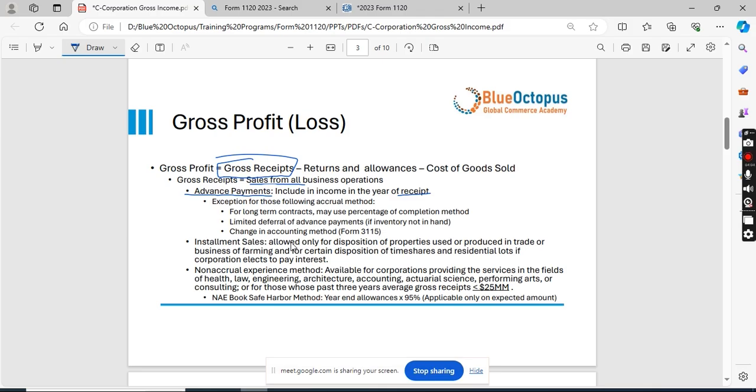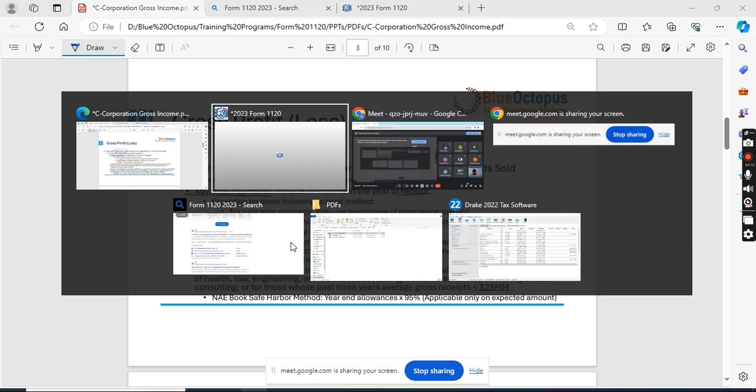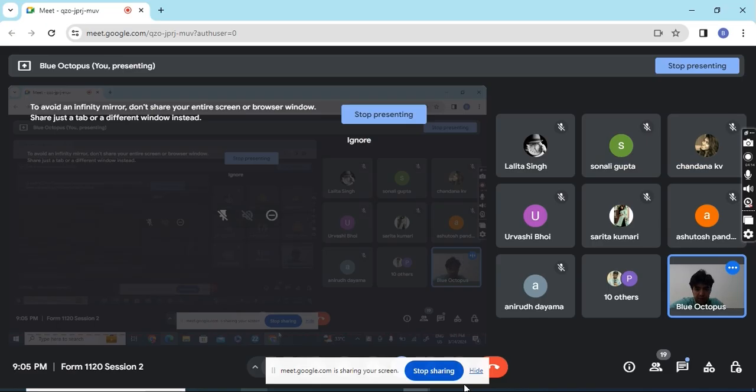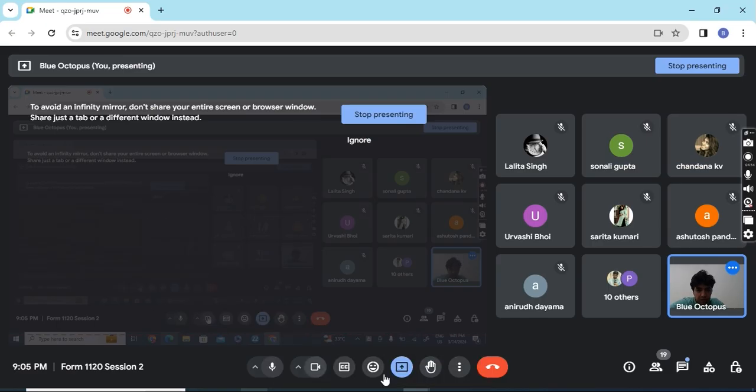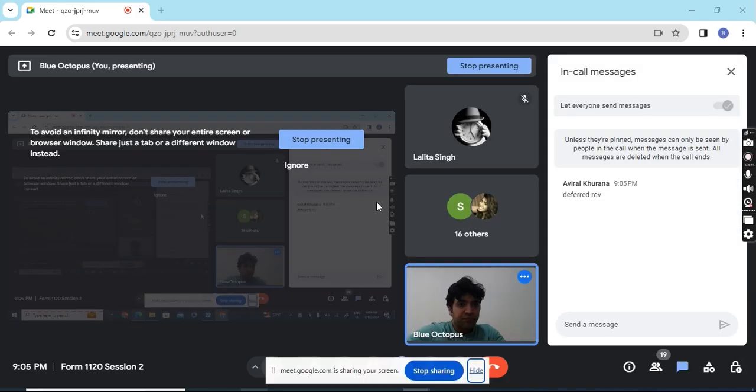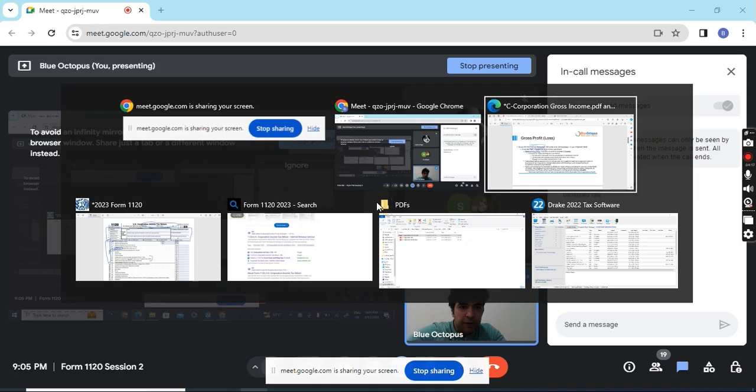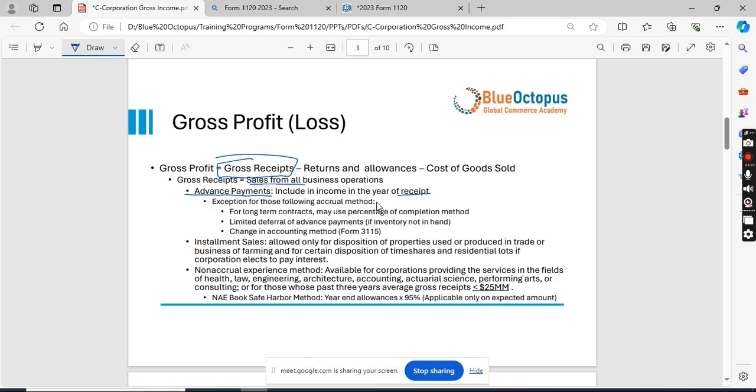So the first thing is that advance payments need to be included in the income in the year of receipt, right? Deferred revenue will not be there, so we cannot defer the revenue. Here advance payment will be there.